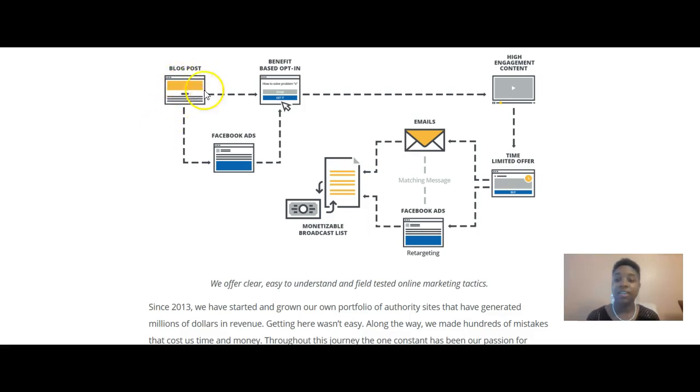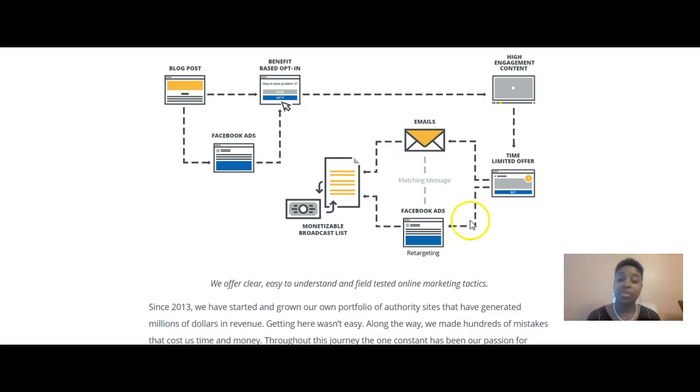So like they have here, you write the blog post or you create the Facebook ad. The blog post sends the person to a benefit-based opt-in. The Facebook ad sends the person to a benefit-based opt-in, and then you would create high engagement content on the back end, a limited time offer.